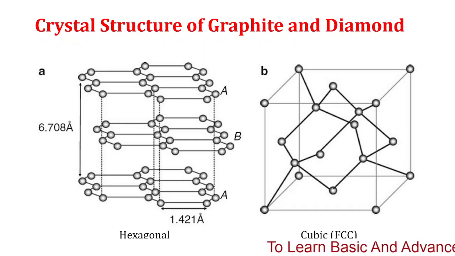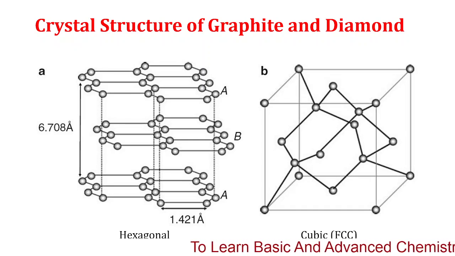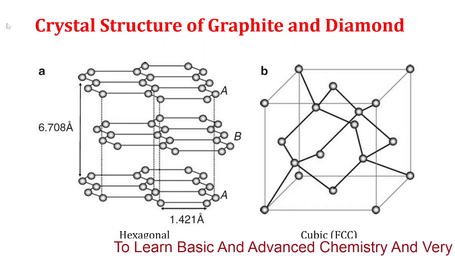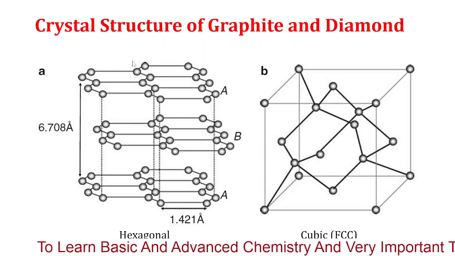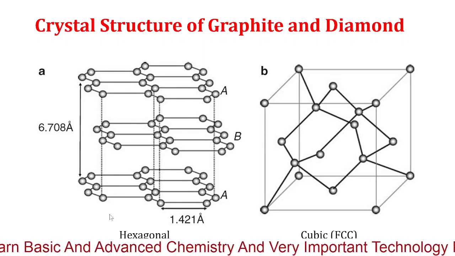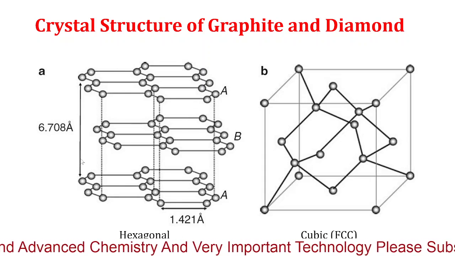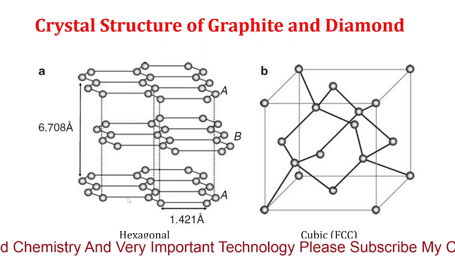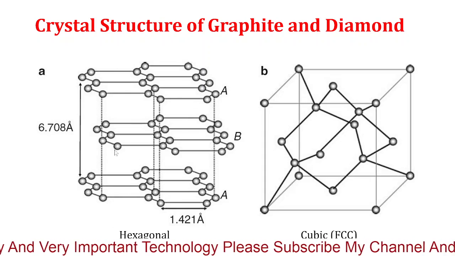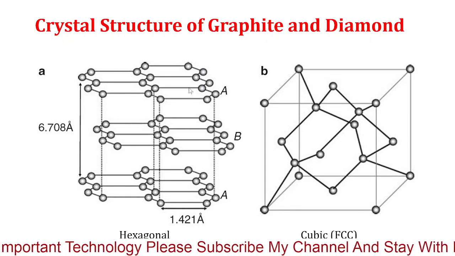That is possible only because the structure of graphite is hexagonal and layered. Here you can see this is one layer, this is another layer, this is another layer.